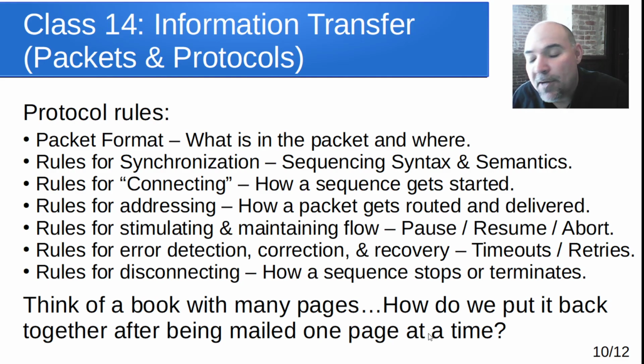You drop them on the ground and they go everywhere. How do you gather them back together and put them in the same order? Well, that's where that sequence number syntax and semantics come into play. How do we sequence everything? How do we make sure none are lost and all of them are put back in the same order?